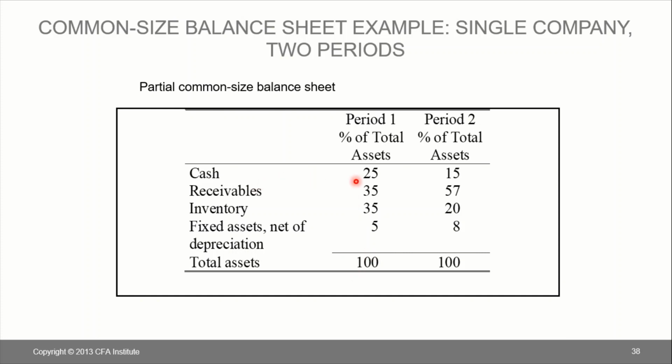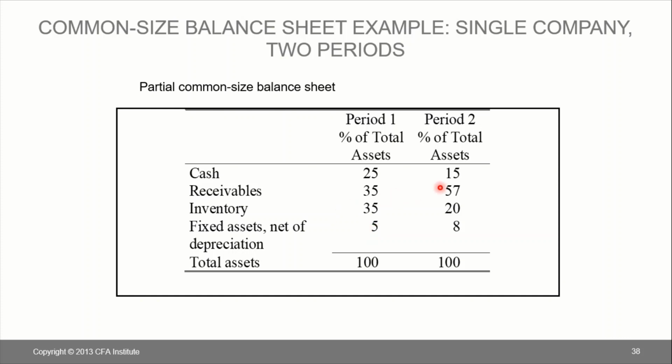So cash, as you can see, is 25%. So whatever the numerator is here, divided by this one, you know that the cash is composed of 25% of the total assets. And then receivables and inventory is 35%. The fixed assets, the net fixed assets is 5%.